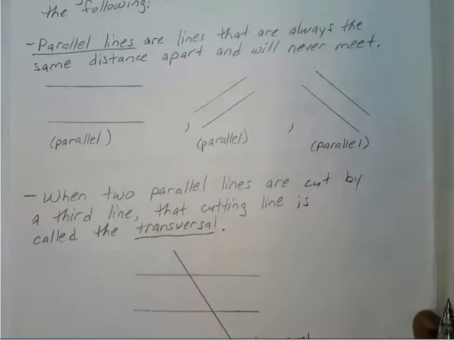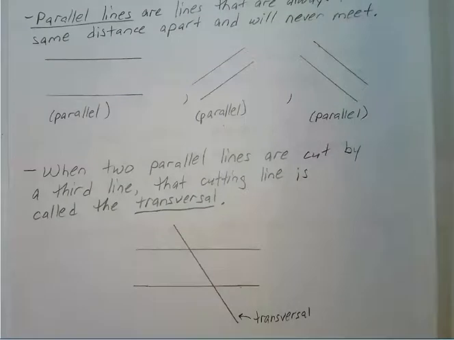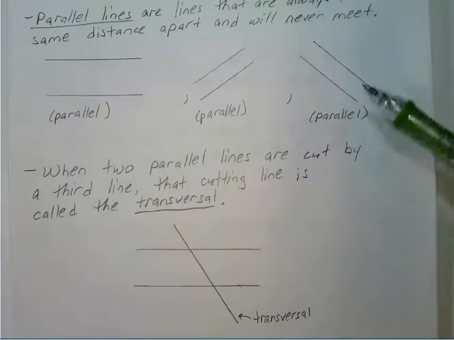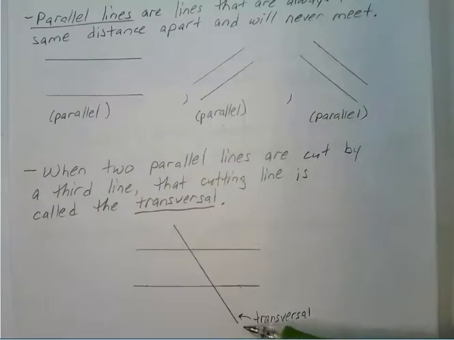Let me move that up a little bit. There we go. As long as you know what your parallel lines and your transversal are, you're good to go for the rest of it.